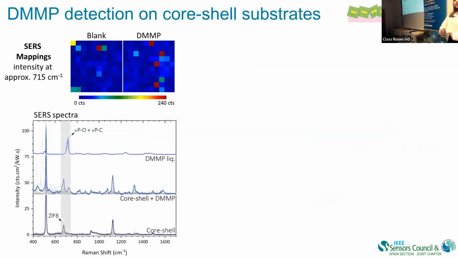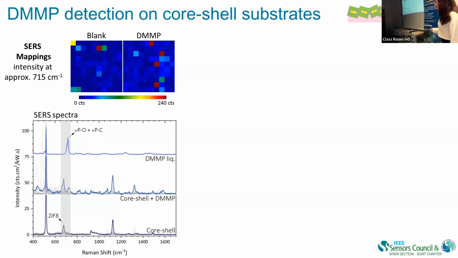So first, results for the DMMP in the core shell substrate. For the SERS mappings, let's focus first on the representation of the spectrum. We have the blank, before the exposure to the DMMP, and after the exposure to the DMMP, we can see the presence of the peak of interest in the region here.